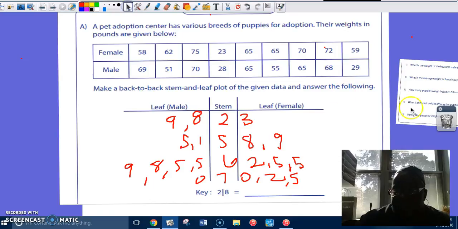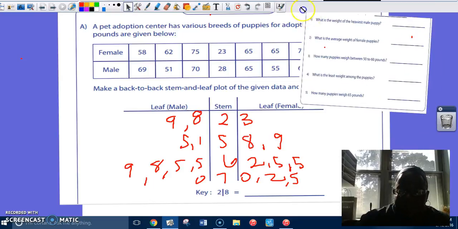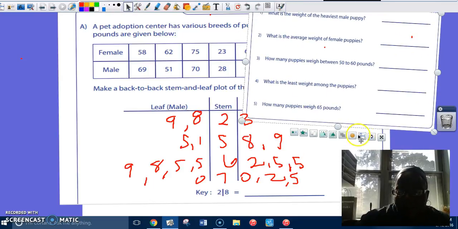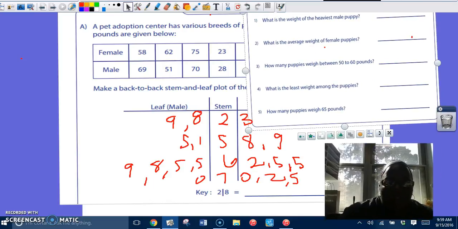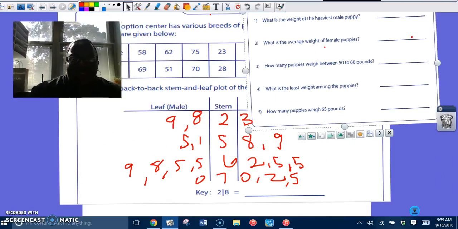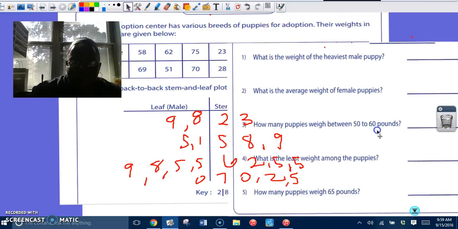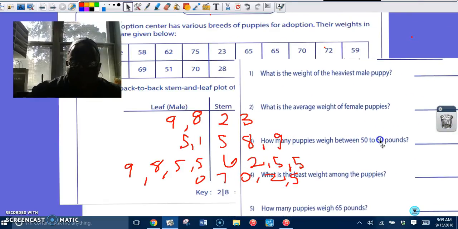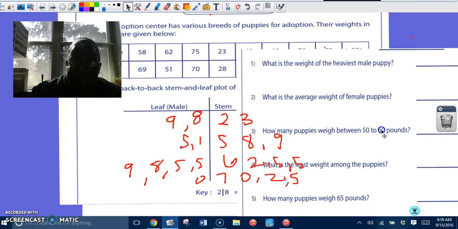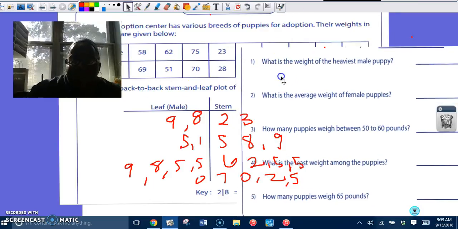So question number 1. Okay. So we are talking about male and female puppies.